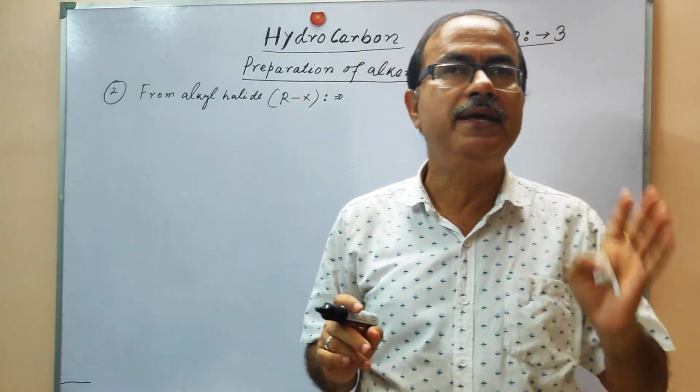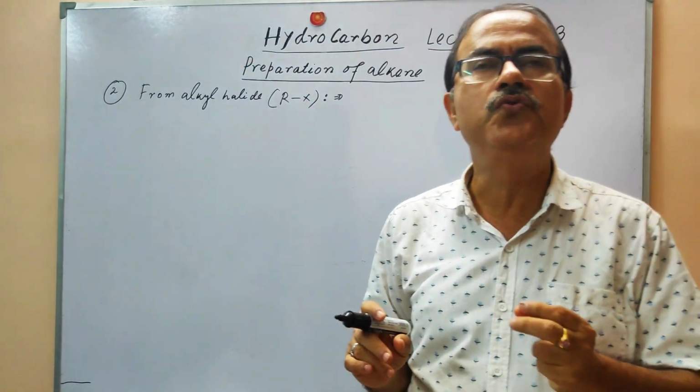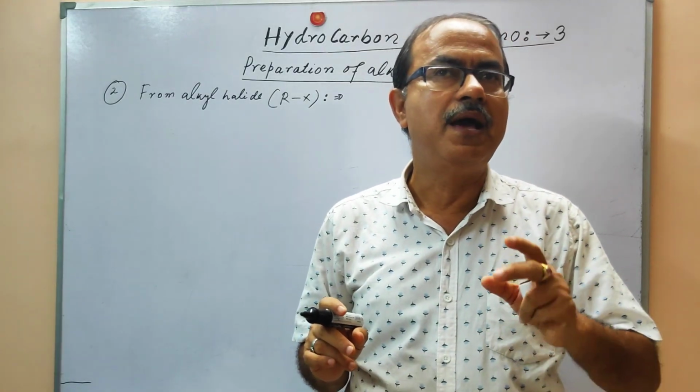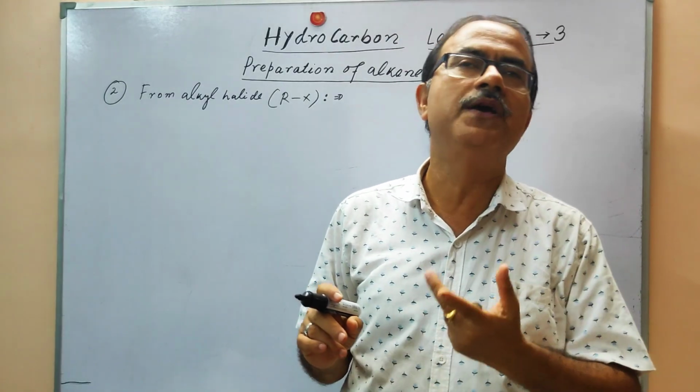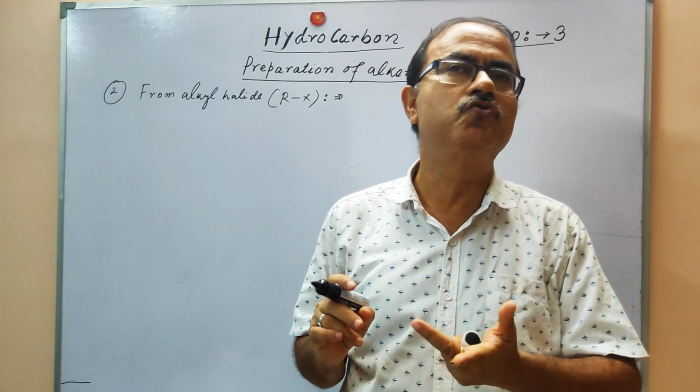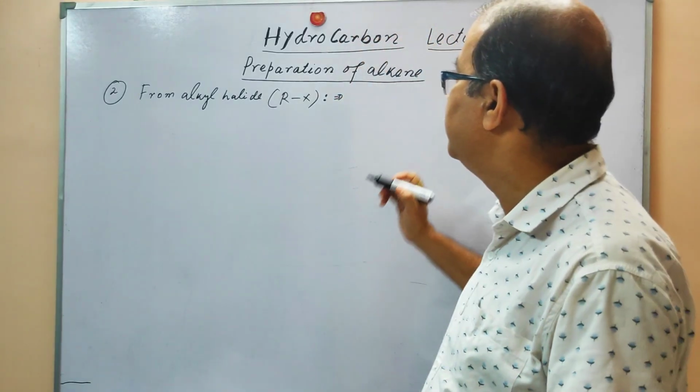Here you can observe one molecule of halogen acid has been removed from the alkyl halide, and this is going to produce this alkene.